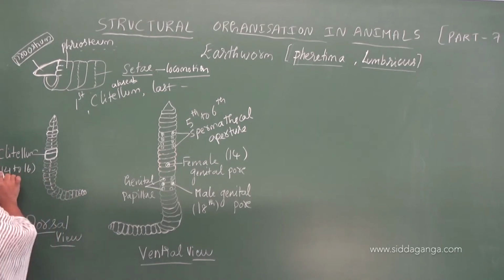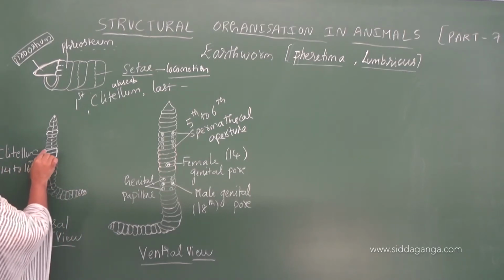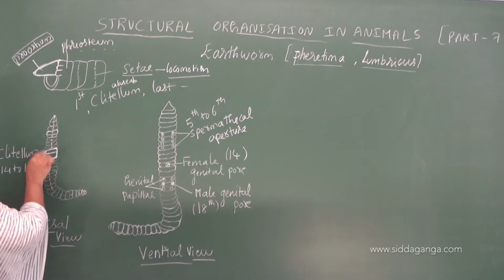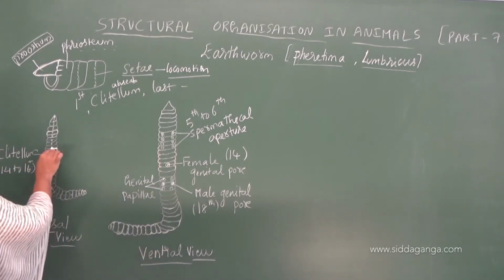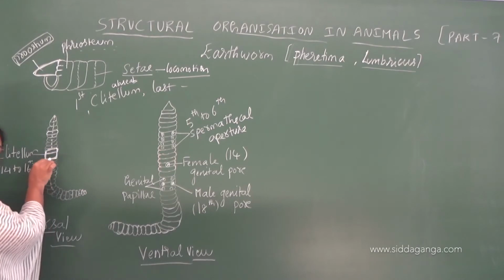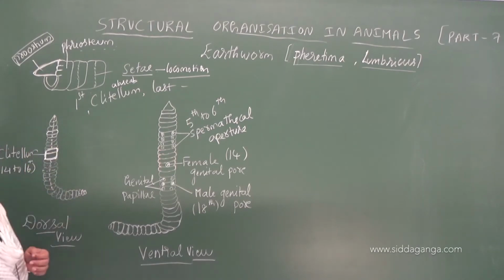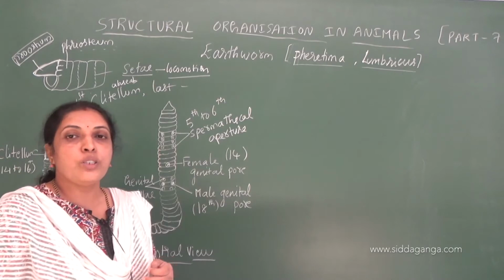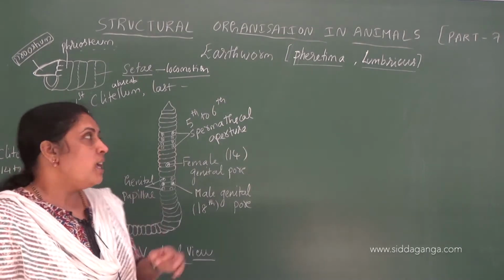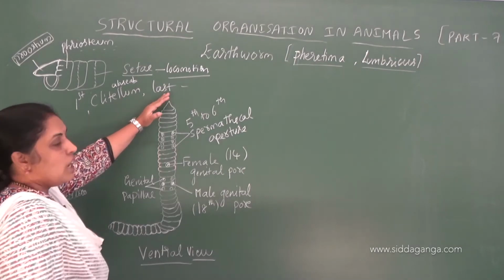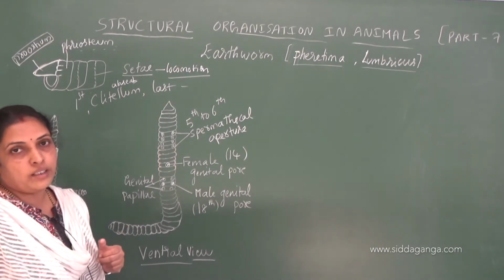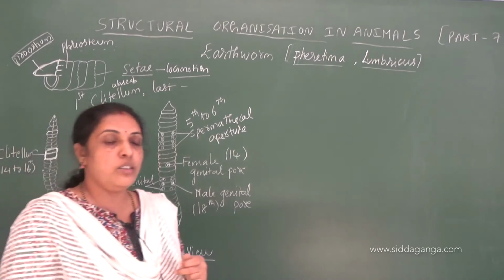Clitellum is present between the 14th to 16th segment. It is a dark glandular tissue which helps in cocoon formation. So there also we will not see setae. Setae are absent in the first segment, the clitellum region, and the last segment. Understood? You should remember those things.